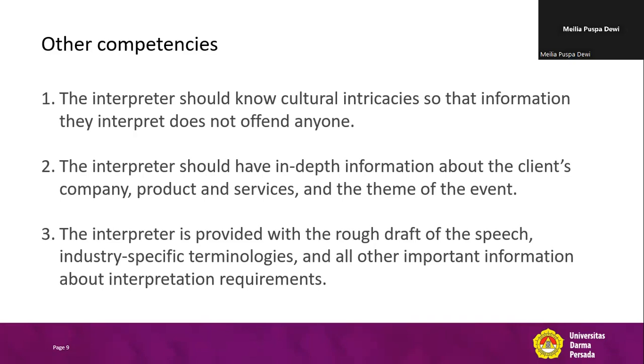About number 1, it means that the interpreter must be neutral and not biased about the context that the speakers are talking about. And number 2, it means that the interpreter must know the context about what they are saying.